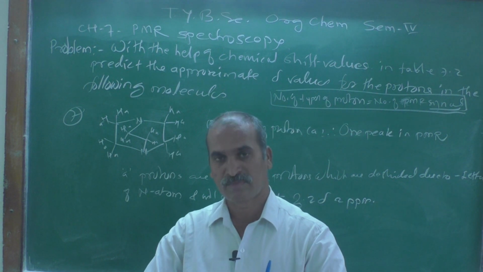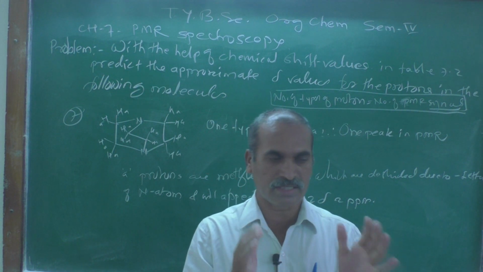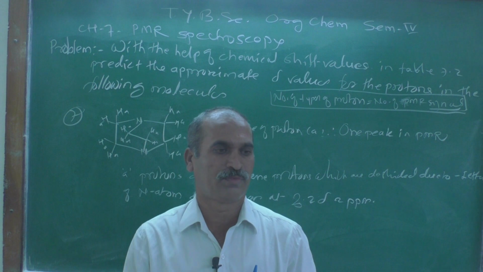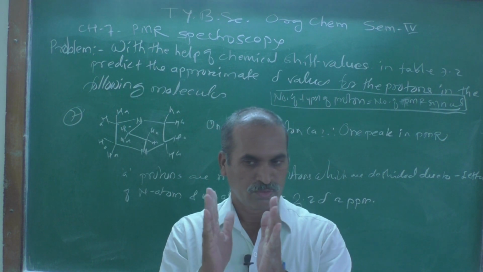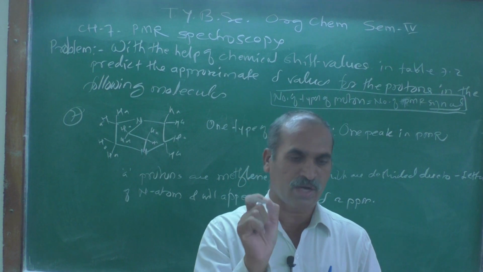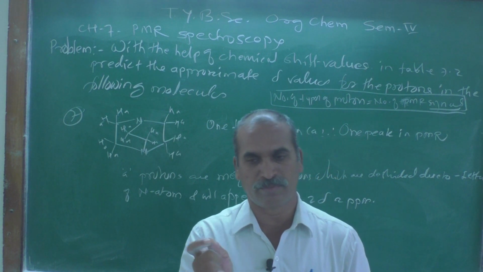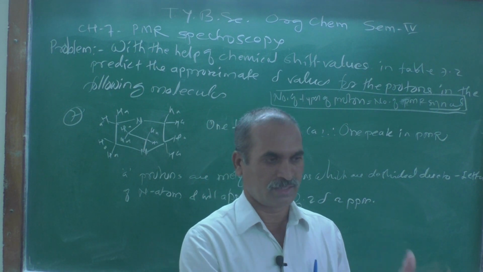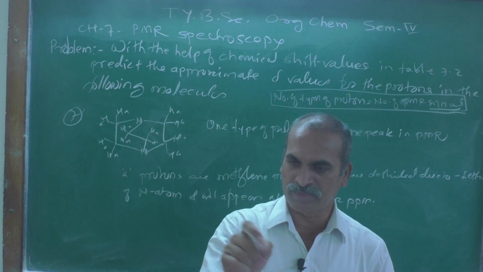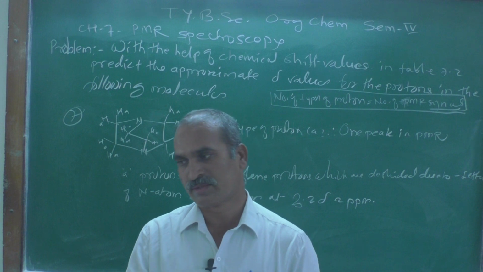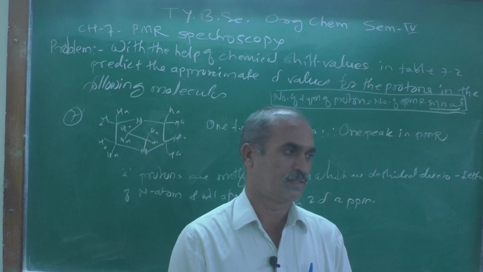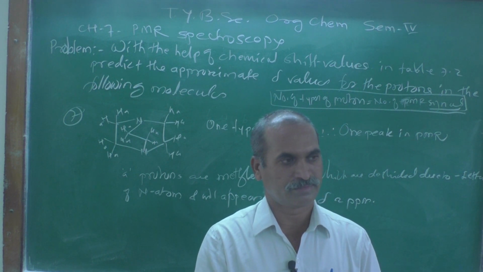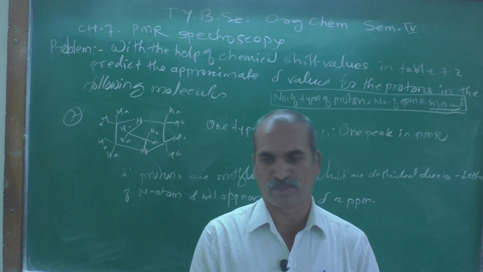I think we have discussed enough examples. Based on it, I hope you will be able to find out the approximate values by knowing the chemical shift values of those particular protons, by using the values which are given in a table, and in the question paper also.